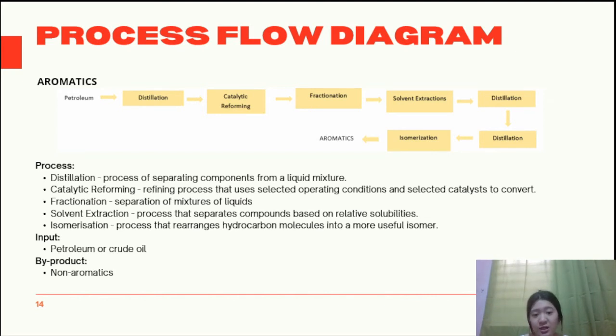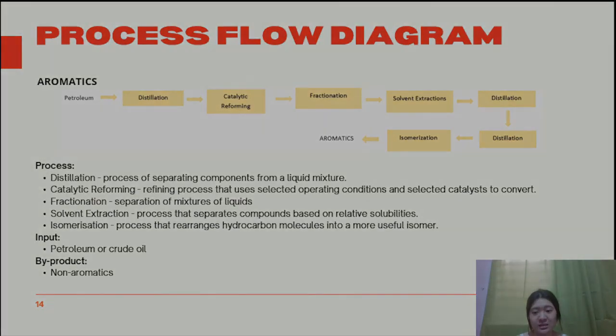Then distillation of aromatic C8, to yield by superfractionation ethylbenzene and o-xylene. Lastly, isomerization, or the process that rearranges hydrocarbon molecules into a more useful isomer. For the input, we have petroleum or crude oil, and its byproduct is non-aromatics.